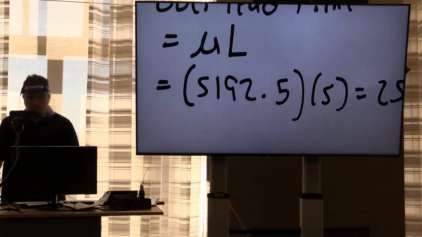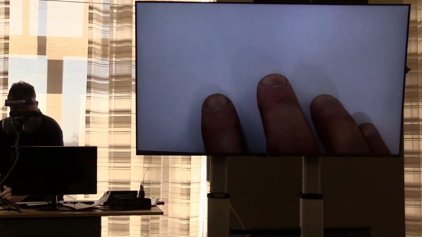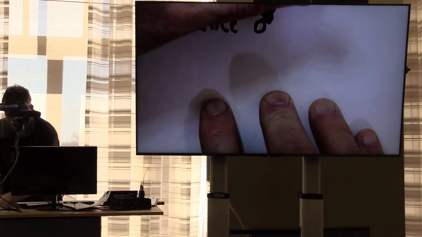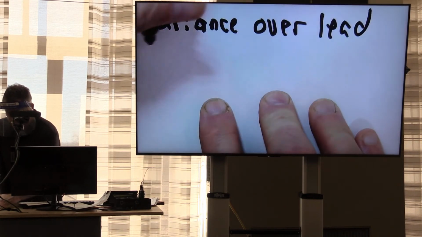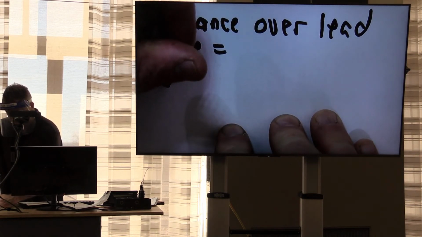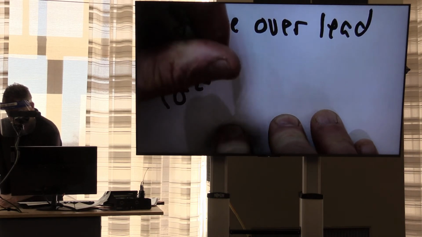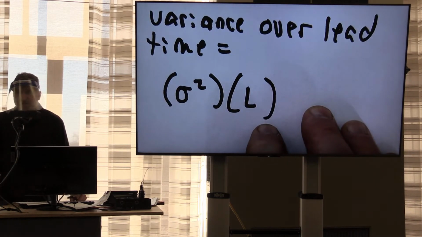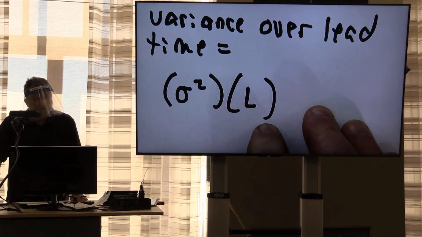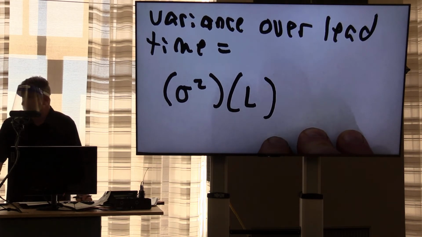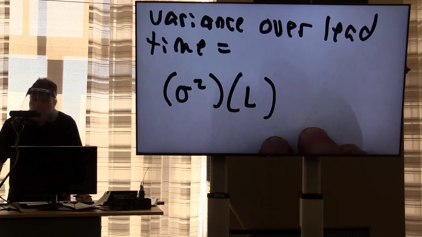The variance is similar. The variance of daily demand is sigma squared, so variance of daily demand over lead time is just sigma squared times L. But of course, remember, the standard deviation is the square root of variance.